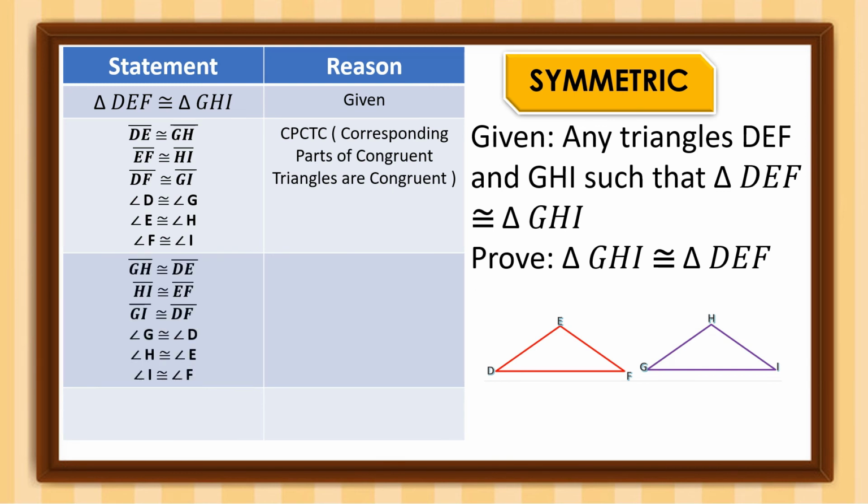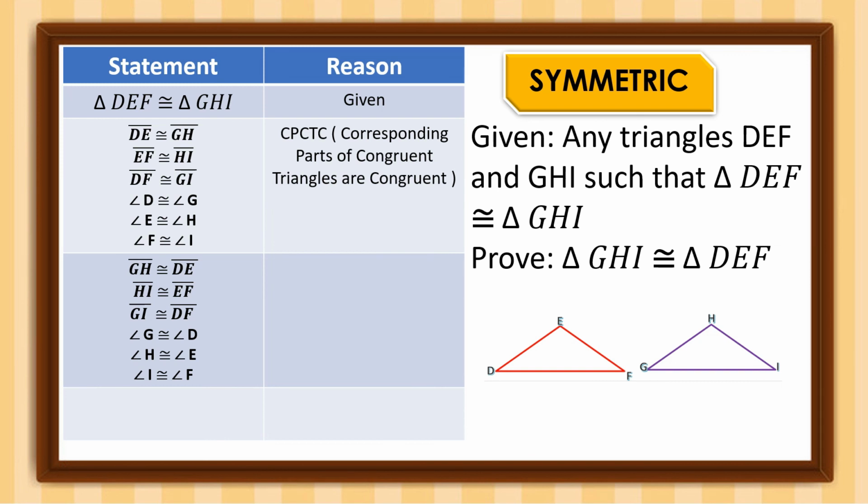Next is segment GH is congruent to segment DE, and segment HI from the second triangle is congruent to segment EF. Segment GI is congruent to segment DF, and for the angles, we have angle G from the second triangle that is congruent to angle D from the first triangle.